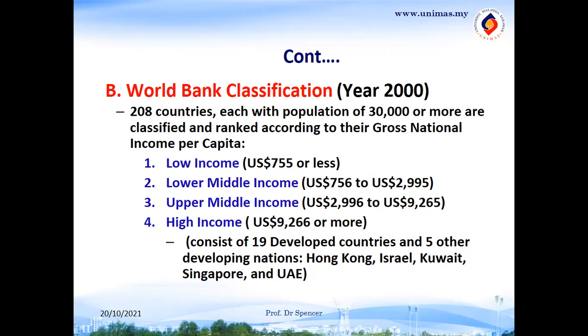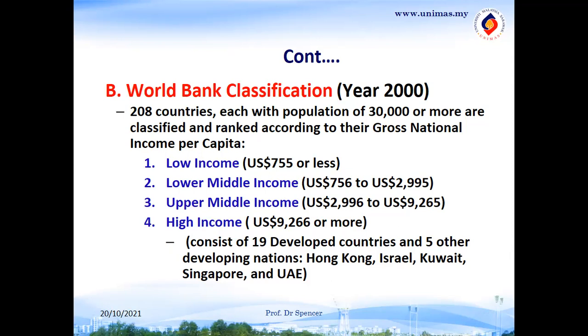They are classified and ranked according to their gross national income per capita. Okay, so the low income countries are those with $755 per year or less, per capita.